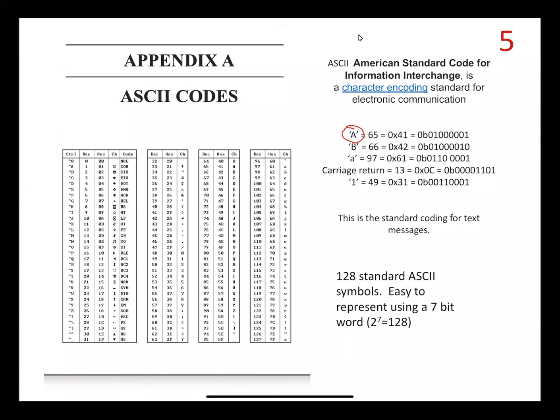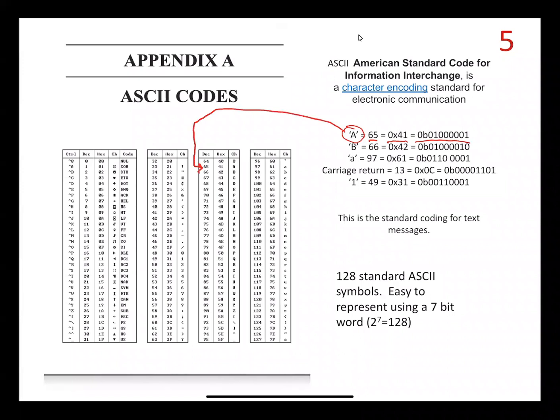Now, why 7 or 8 bits? Well, first of all, the character A is represented by the number 65 in decimal, which would be the number 41 in hexadecimal, or this pattern of ones and zeros in binary. If you look over at this table, you'll find this is a standard table.